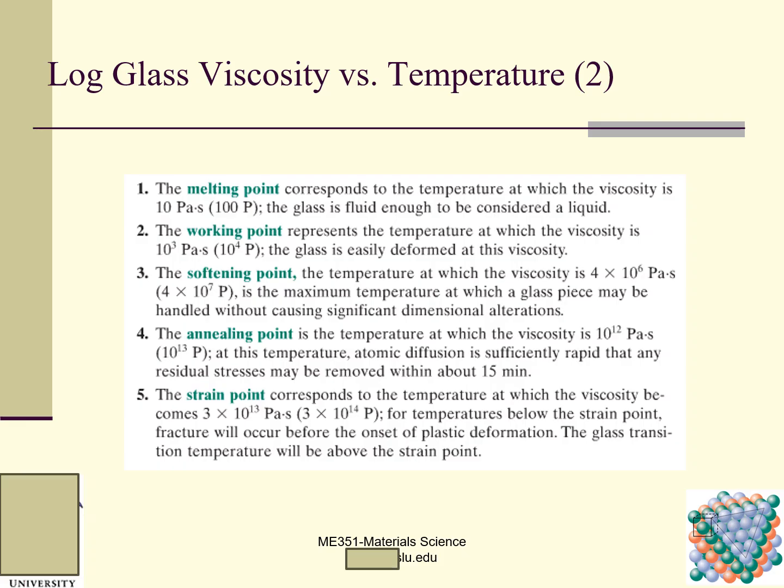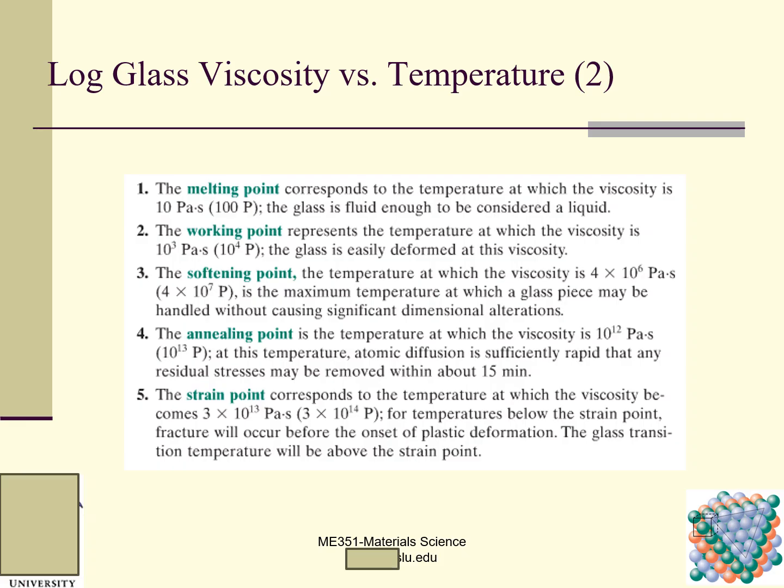This is the annealing point. The strain point corresponds to the temperature at which the viscosity becomes 3 multiplied by 10^13 Pascal second. For temperatures below the strain point, fracture will occur before the onset of plastic deformation.